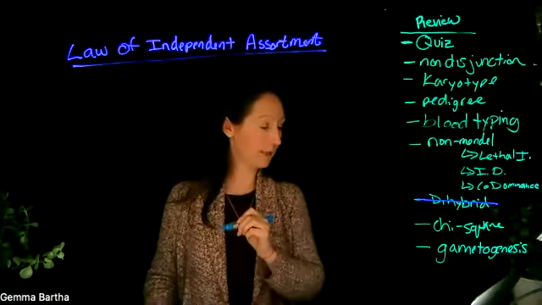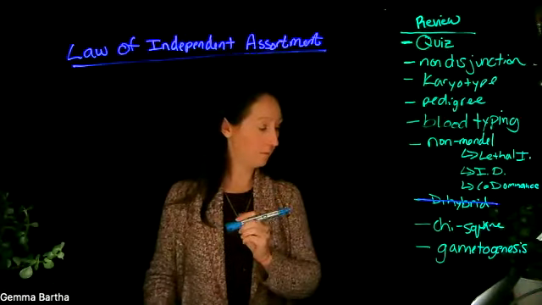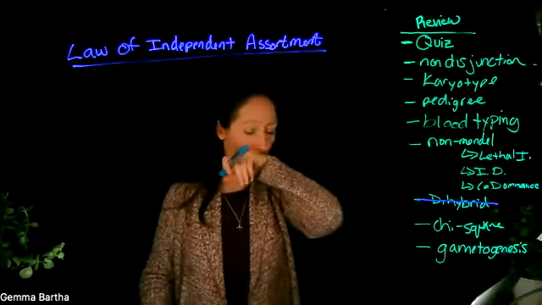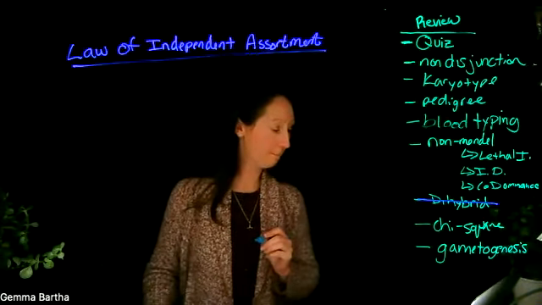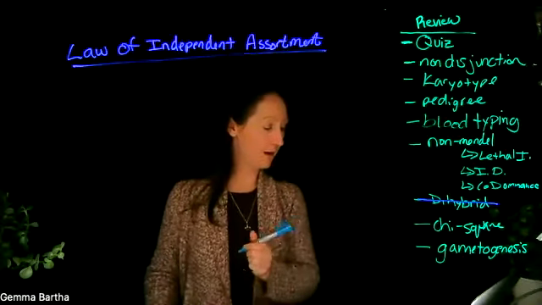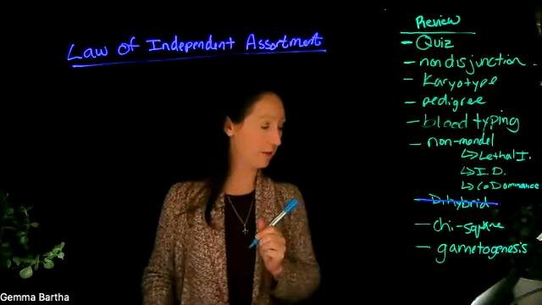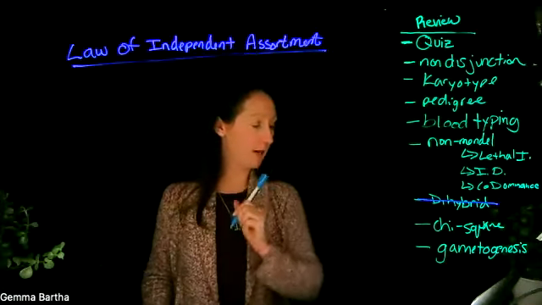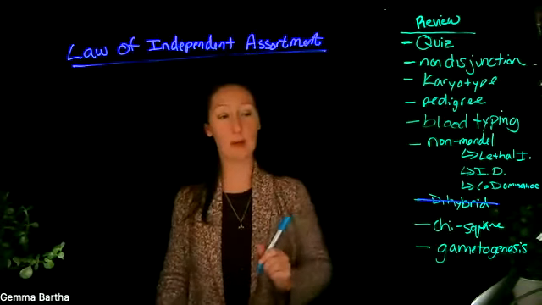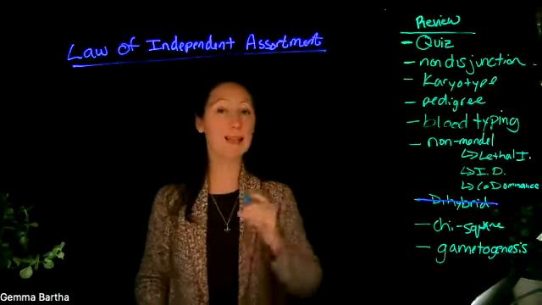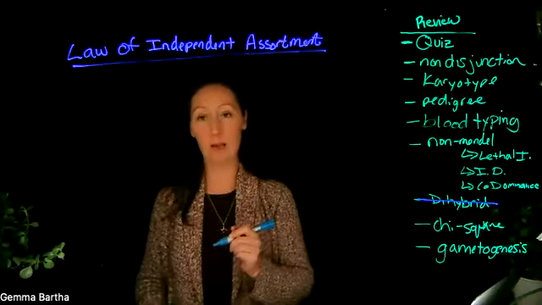So I'm going to give you guys a second. Yes, Claire, that is worded perfectly. Genes are inherited independently of each other, which is why we had a dihybrid cross, right?